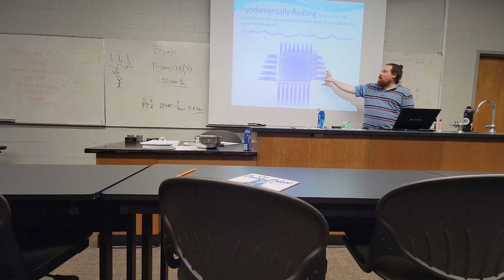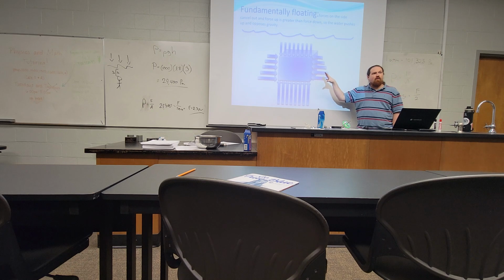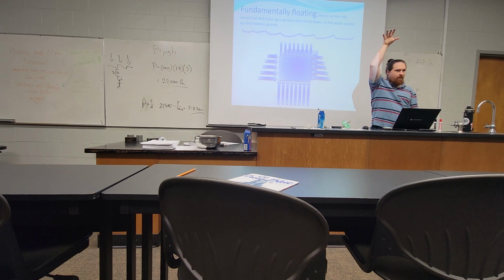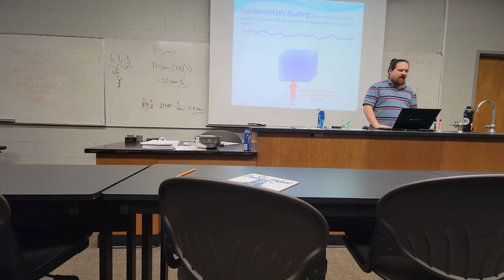And if you add all of these force arrows together, the net force from the water pressure points up. The left and right cancel out perfectly, and the upward pointing forces on the bottom are bigger than the downward pointing forces on the top. So the net force points up, and that is the force we call buoyant force. How's that feel?